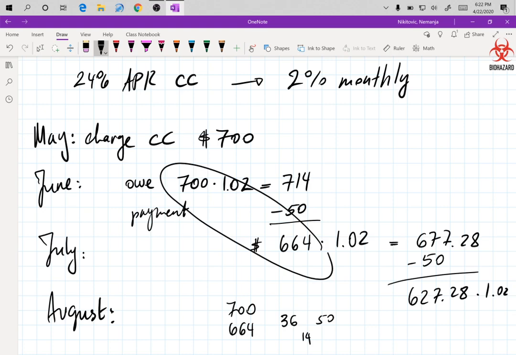And you can actually calculate what percentage of the payment went to the interest by dividing 14 by 50. It's 28%, right? So 28% of your payment went to the bank, and 72% went to paying off the debt.